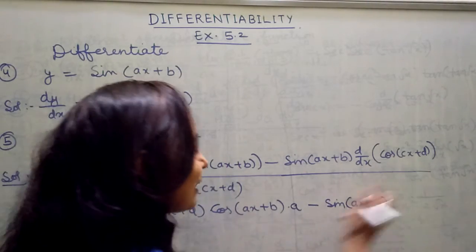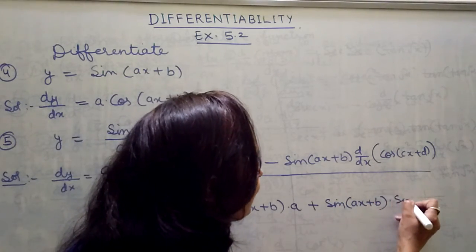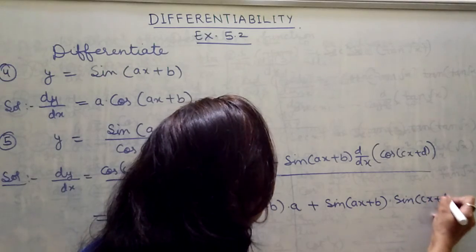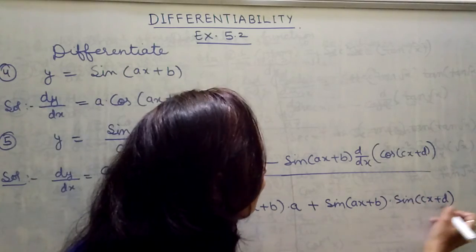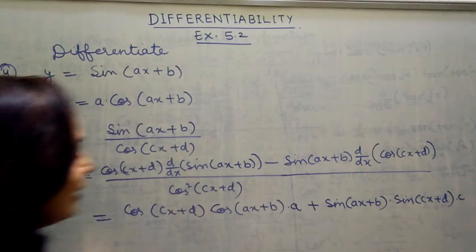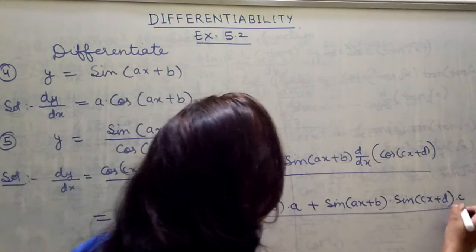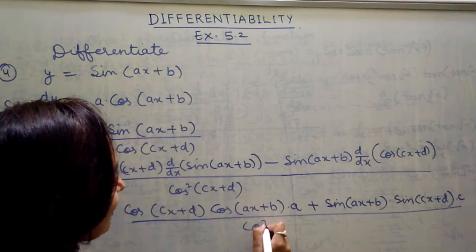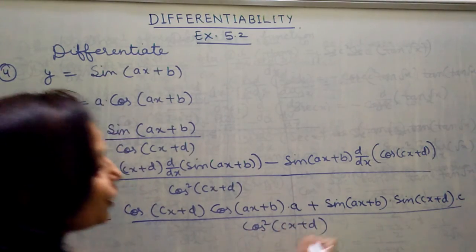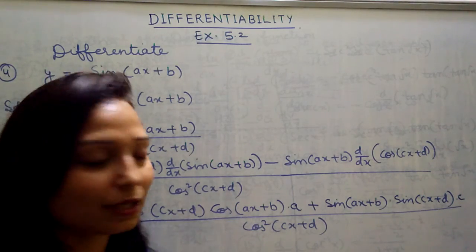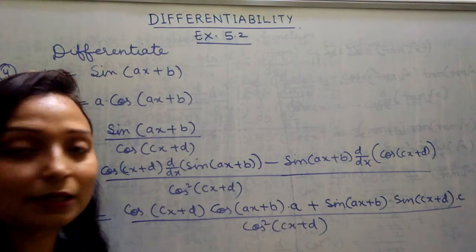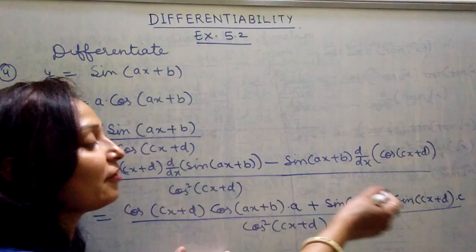This is minus sine, that becomes positive, sine of cx plus d, and further the derivative of cx is c, and d is equal to 0, divided by cos square of cx plus d. No need to do further simplification.